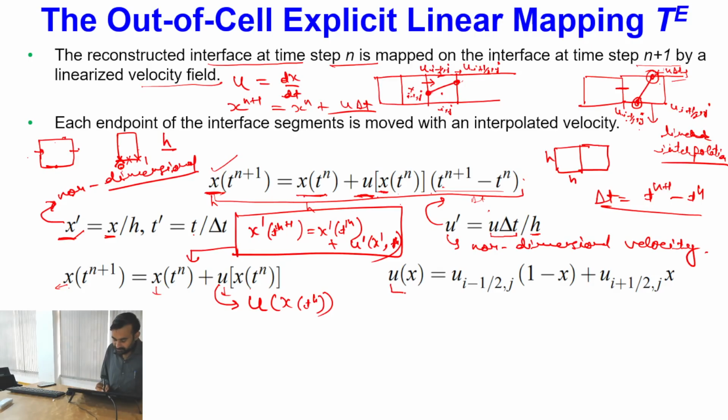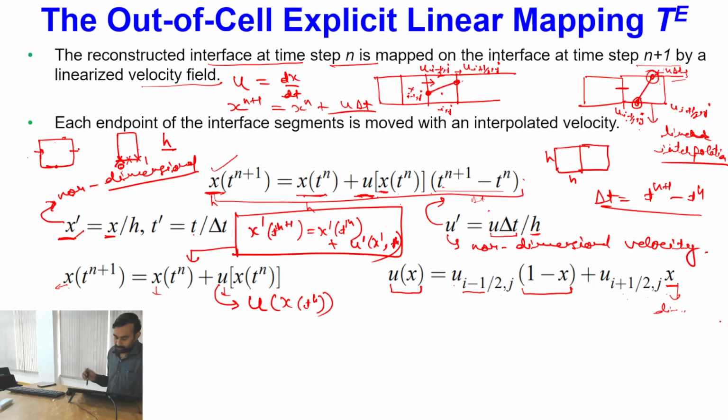And what will be the value of the interpolated velocity? Here you can see u of x is equal to u at i minus 1 by 2 comma j into 1 minus x, plus u at i plus 1 by 2 comma j into x. Is it clear? And you have to remember this x is again the dimensionless position.